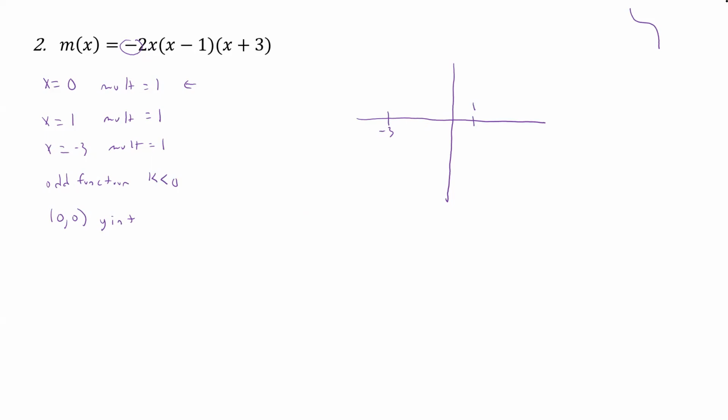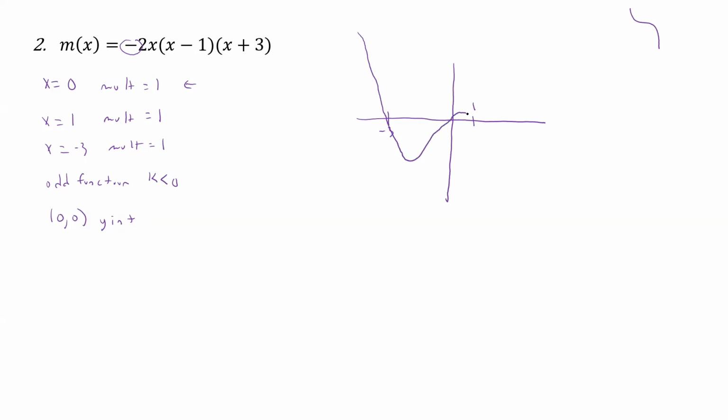And so we know it's going to start up here in the corner going down, and all multiplicities are 1, so it's going to be just straight lines coming down and going through. So it's going to come down through that point. Then it's going to come back up, and we know it's going to go up through 0, 0.